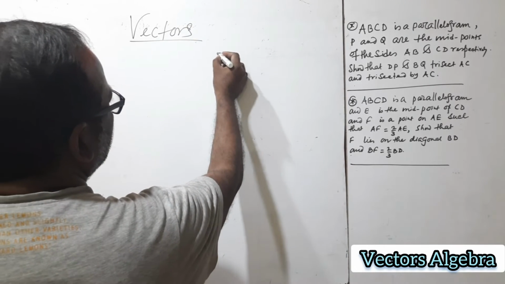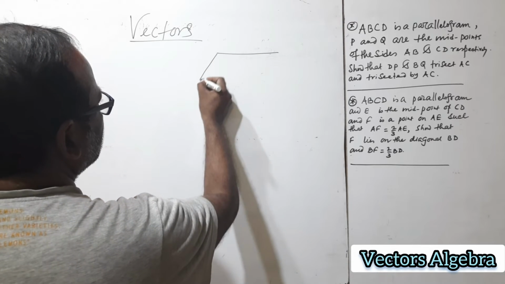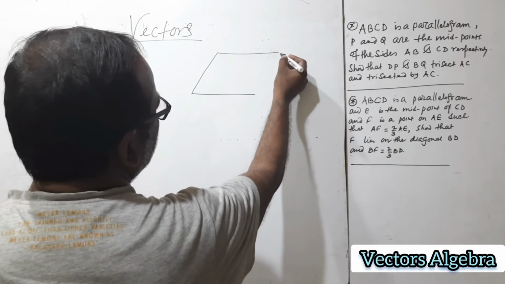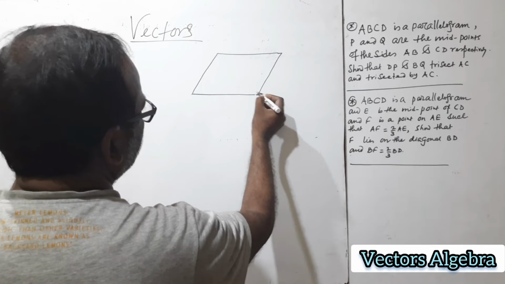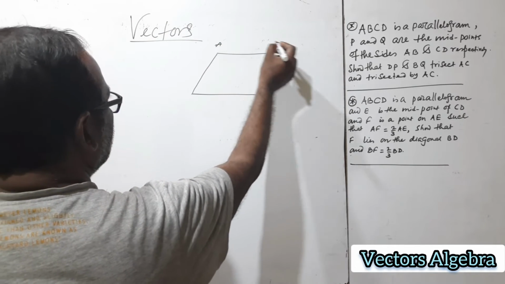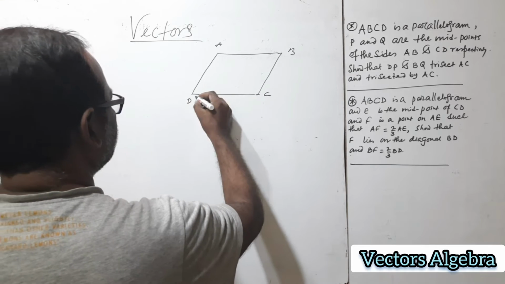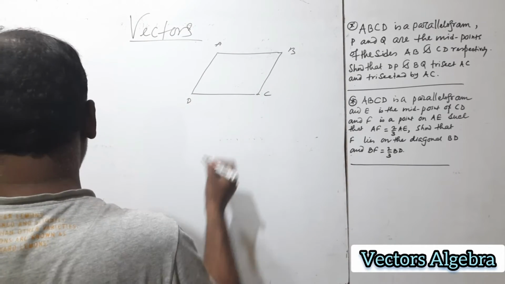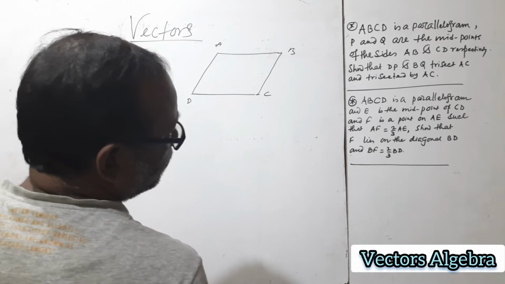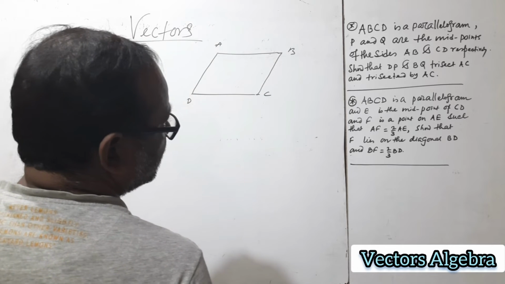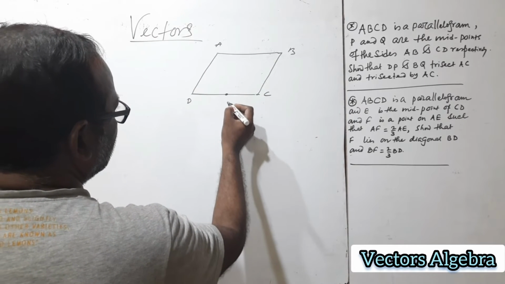So see, this is a parallelogram, that is A, B, C and D, and here E is the midpoint of CD.